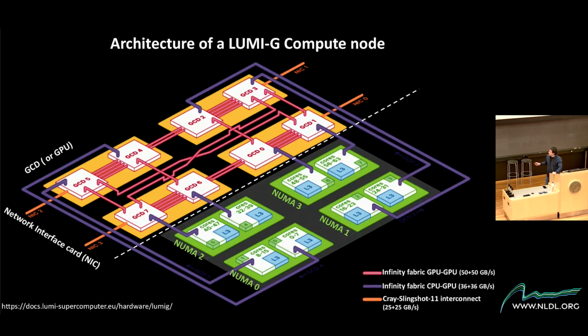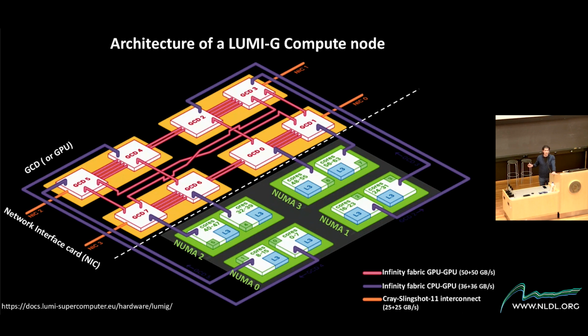So the bandwidth between these 2 GPUs, the peak bidirectional bandwidth here, is 400 gigabits per second. The interconnect between this GPU and this GPU is 200 gigabits per second.